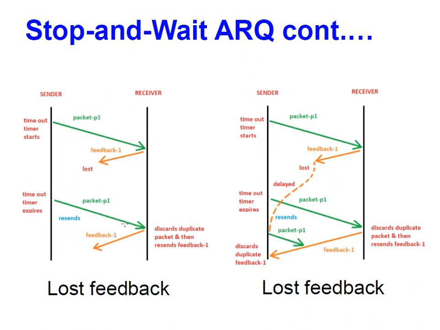Rather it will identify whether it is a duplicate packet or not. If the receiver receives a duplicate packet, it will discard it, so that it saves that time and that process. So under the case of lost feedback, the only advantage is that the repetition of the duplicate packet can be avoided.